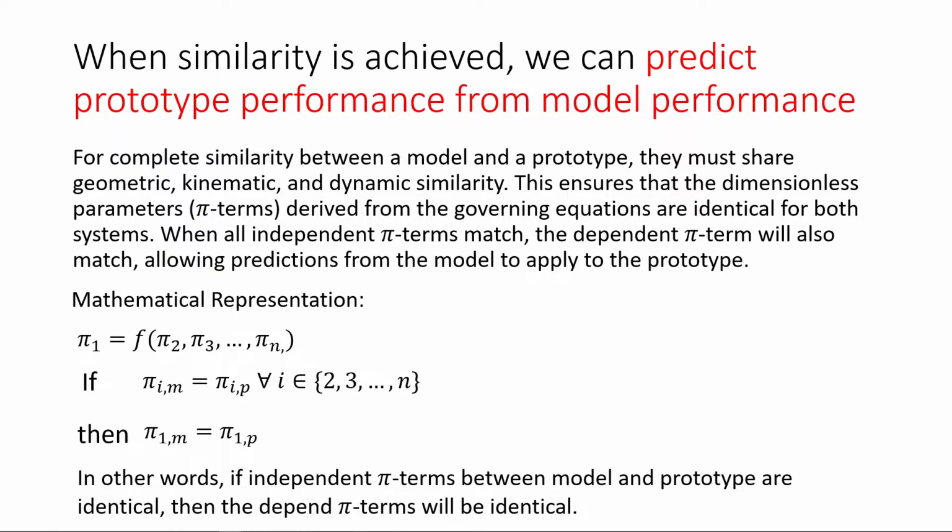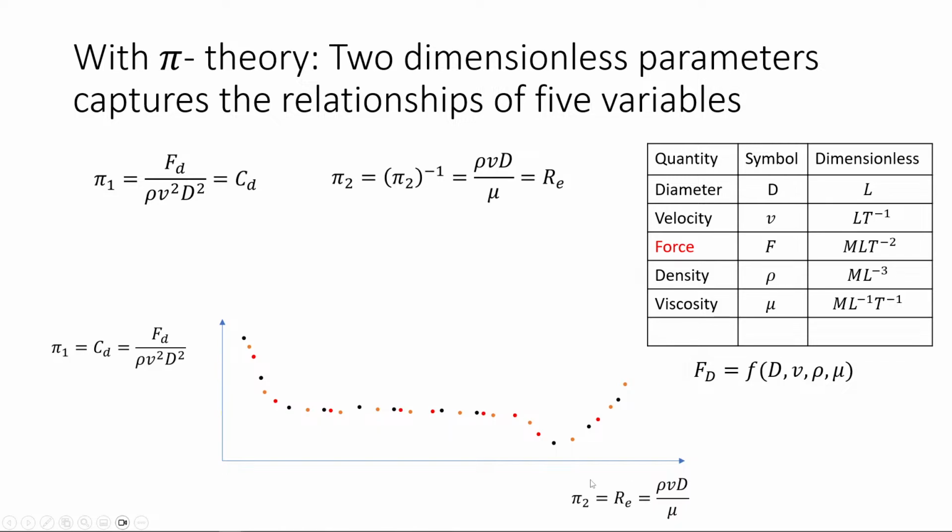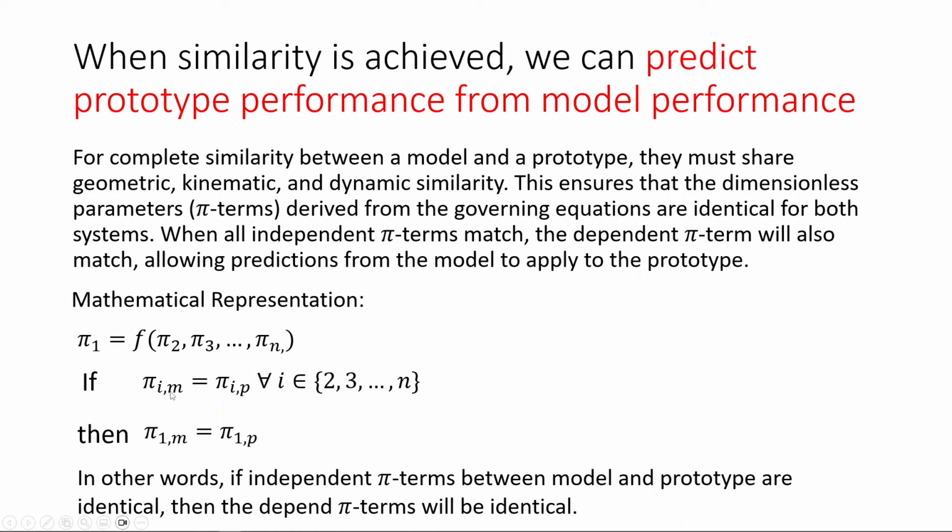So I have pi 1 is a function of pi 2, pi 3, whatever number of pi. Like in the previous example, pi 1 was just a function of pi 2. I didn't have any others. But if my pi 2, for example, in that particular example would be the Reynolds number, in my model and prototype are equal, then similarity is achieved.